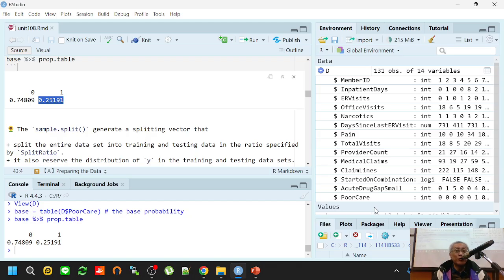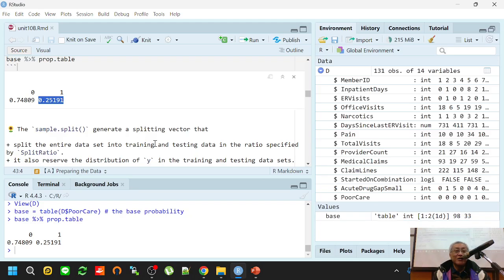We just look into y and do an average on y, then we can see that if I do not make a model, I can still have an idea about the probability of poor care.